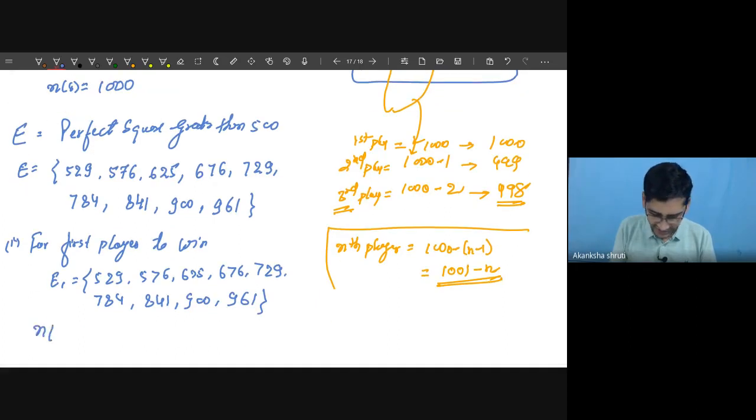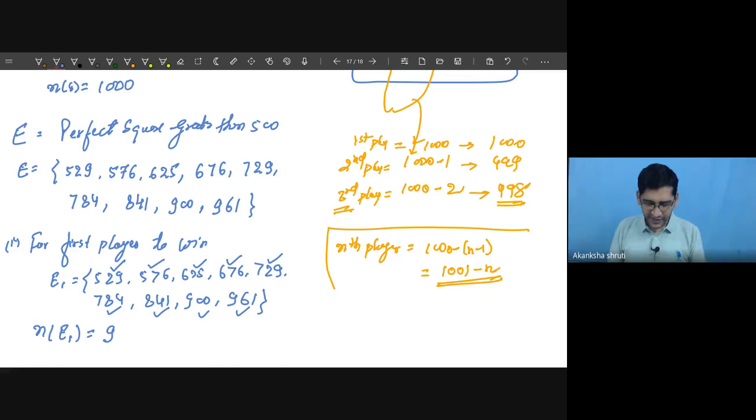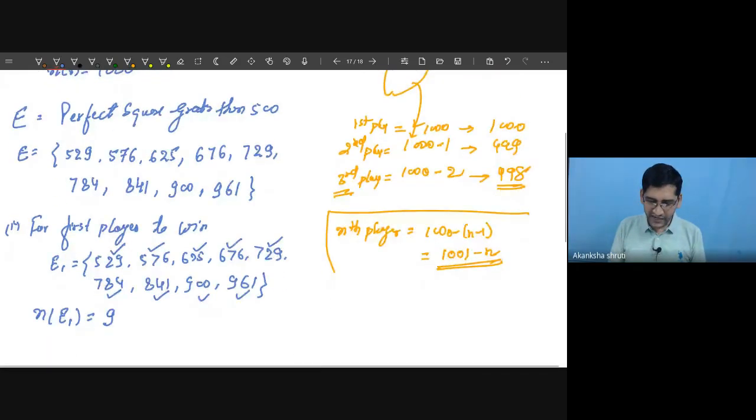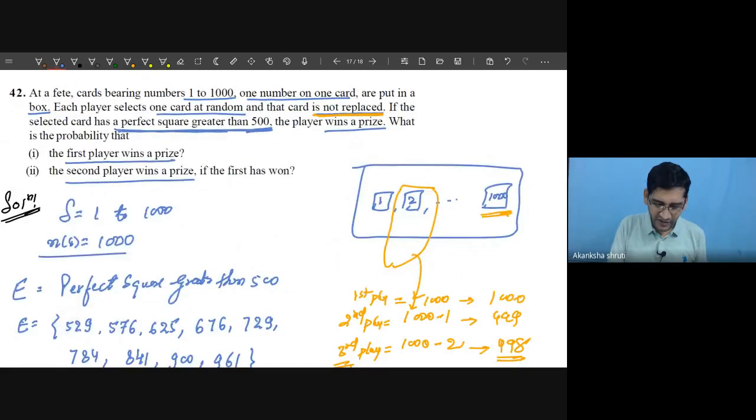So what is n(E)? The number by which the person can win: count 1, 2, 3, 4, 5, 6, 7, 8, and 9. Only 9 cards. If the player is able to draw these 9 cards out of the 1000 cards present in this box, then only he can win.